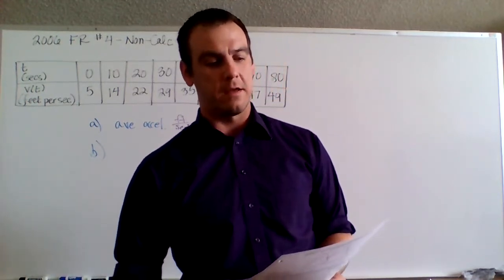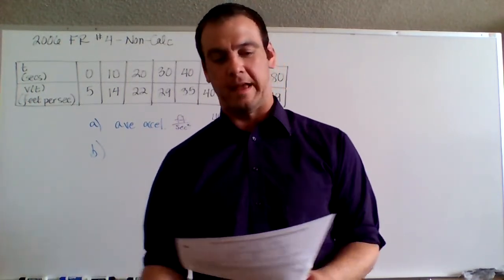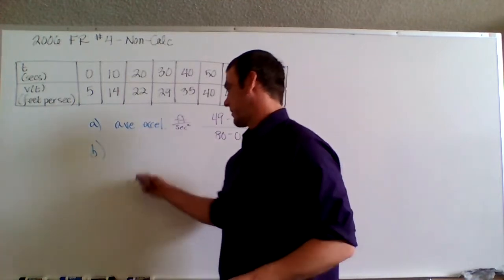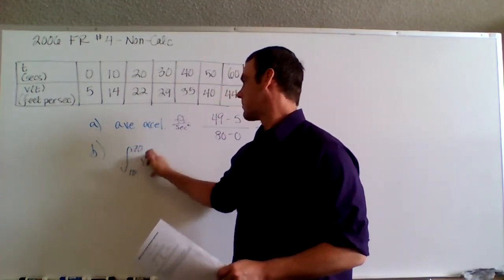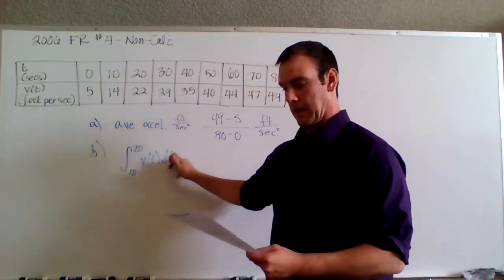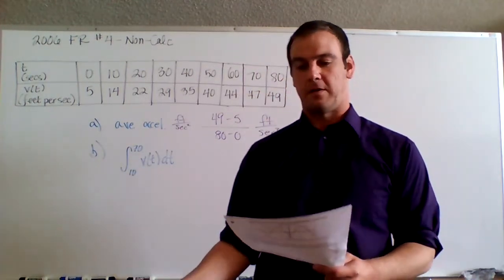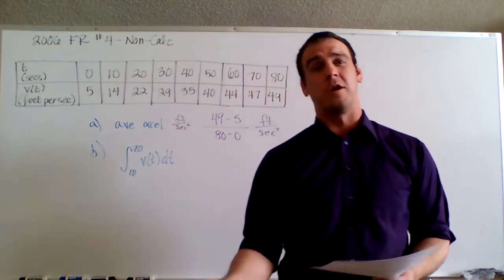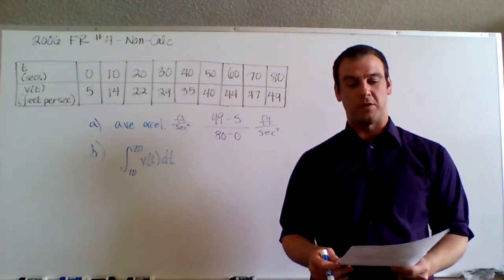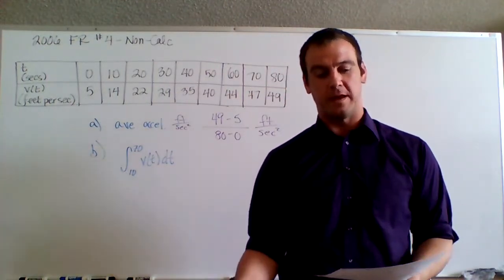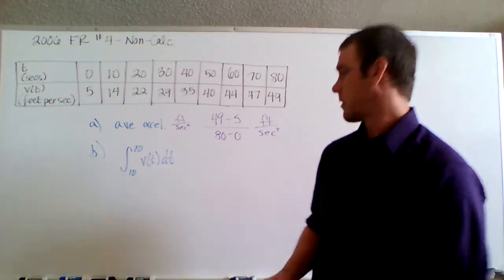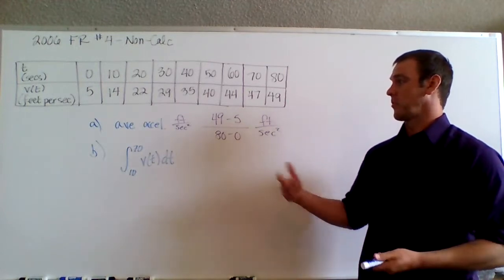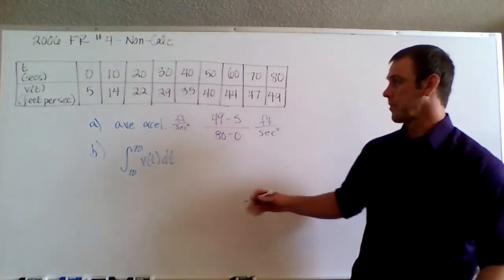Explain the meaning of the integral from 10 to 70 of velocity in terms of the rocket's flight. There's a second part to part B. You're supposed to use a midpoint Riemann sum with 3 subintervals to approximate what that is. Alright, so we first need to discuss what the meaning of this is.